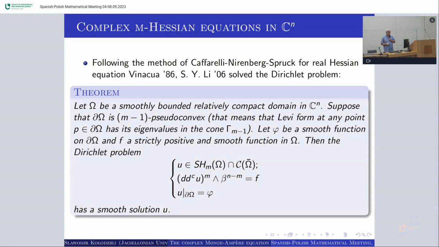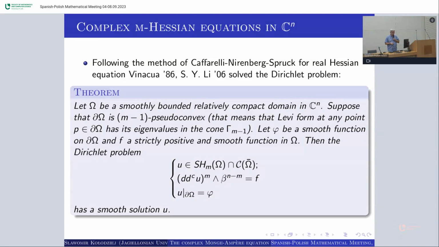But anyway, we take a smoothly bounded domain in Cn, which is so-called (m-1)-pseudoconvex, which by definition means that the Levi form at each point of the boundary has eigenvalues in this gamma m-1. If you want, you can just think of convex domains.